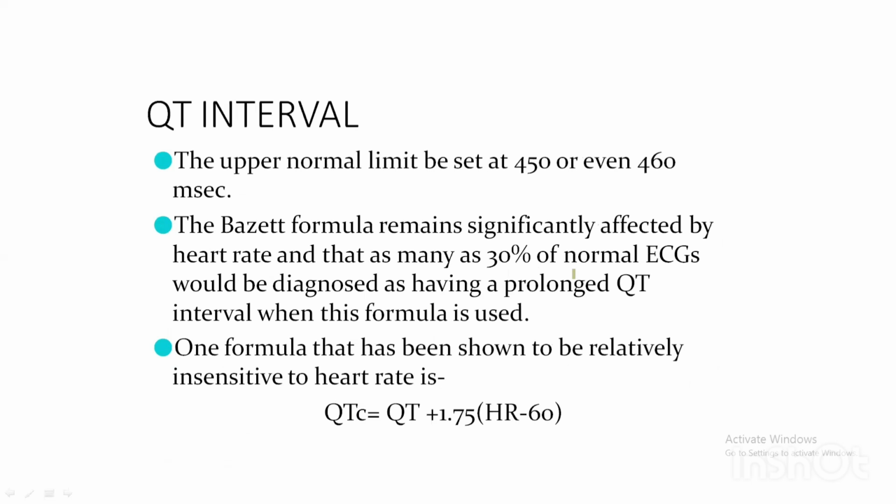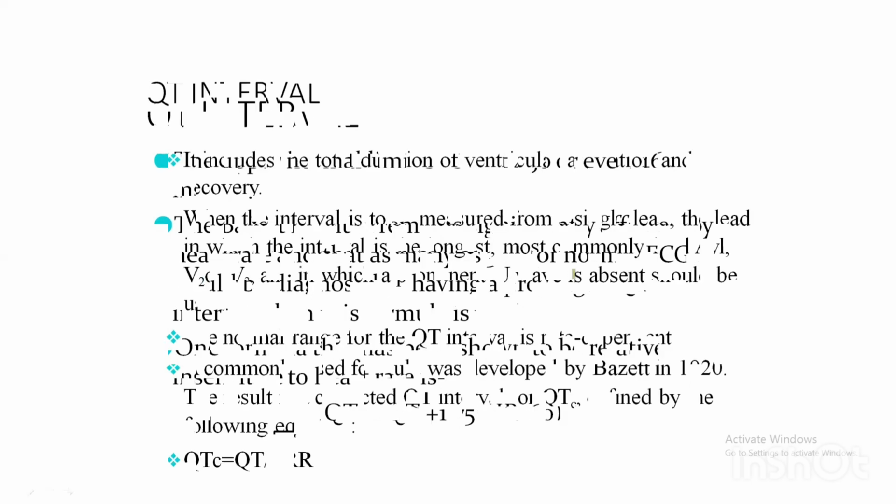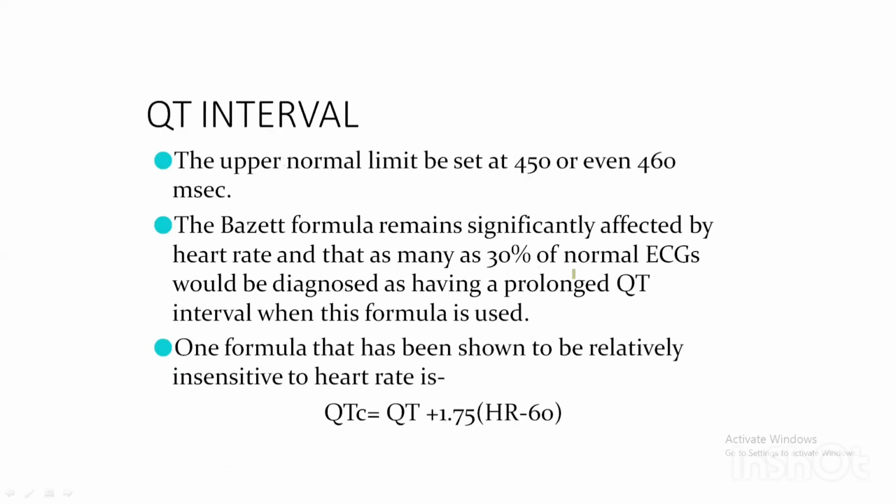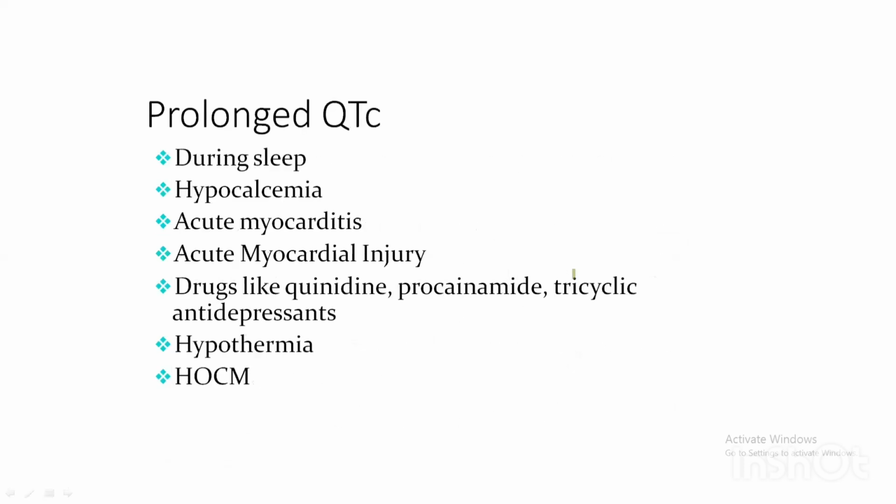So we need to correct this QT interval. The corrected QT interval is either QT divided by the square root of the RR interval, or QT plus 1.75 into heart rate minus 60.